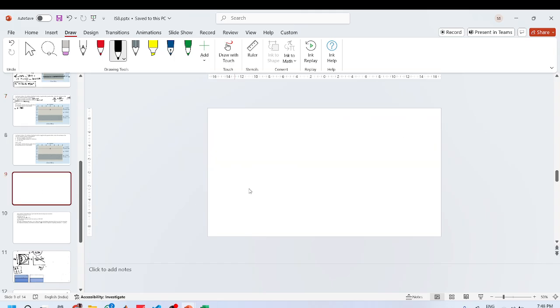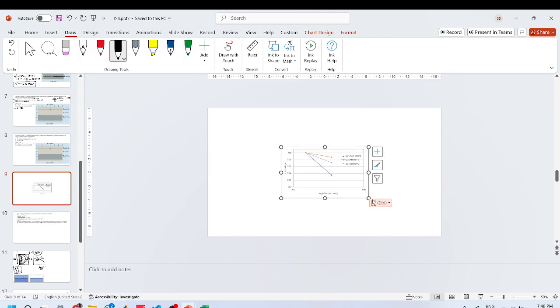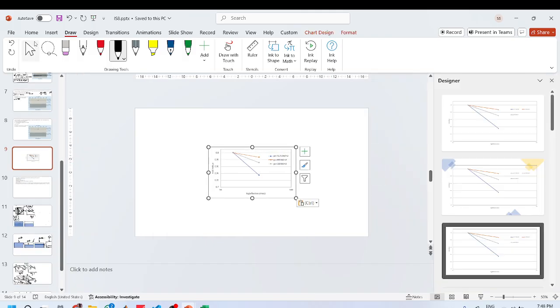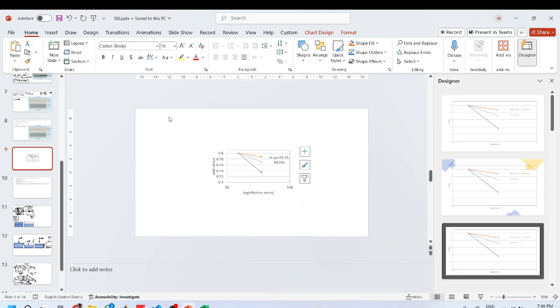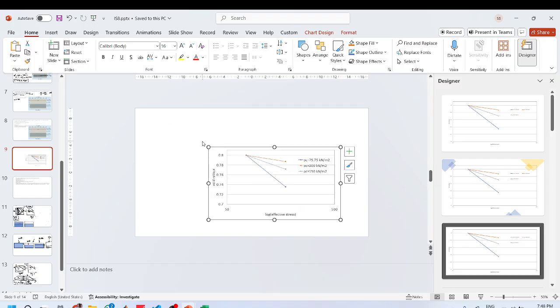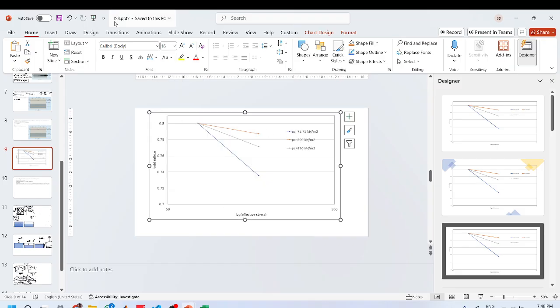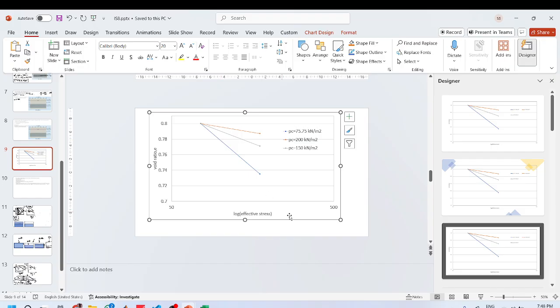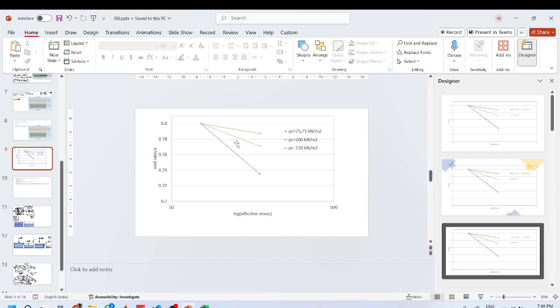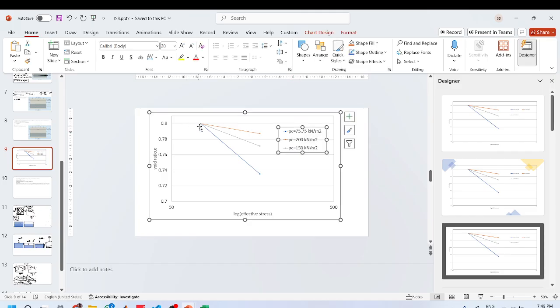Paste it. So you will see that this was normally consolidated.